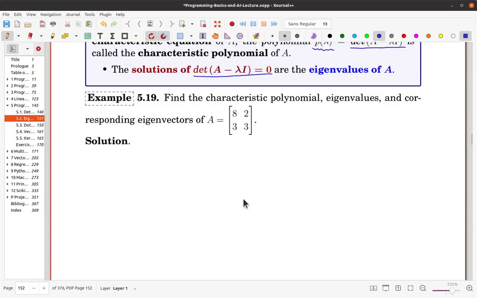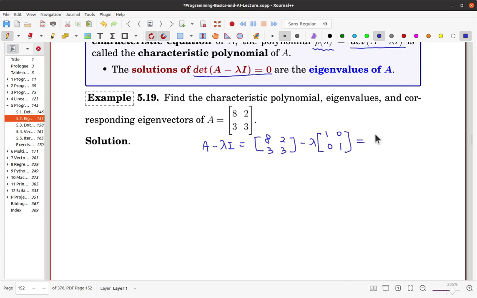Now let's try to find the characteristic polynomial, eigenvalues and corresponding eigenvectors of the matrix. Let's begin with A minus lambda I. A is 8, 2, 3, 3, and lambda I is lambda times 1, 0, 0, 1.